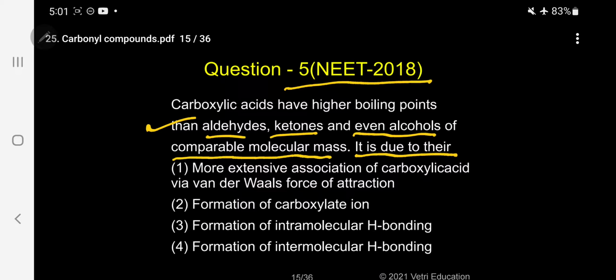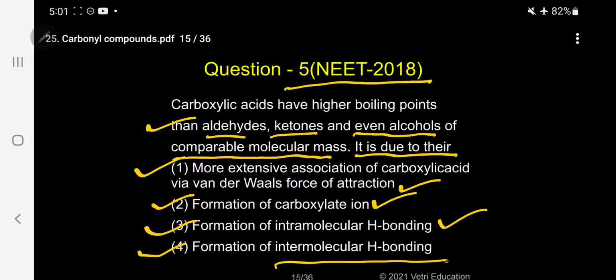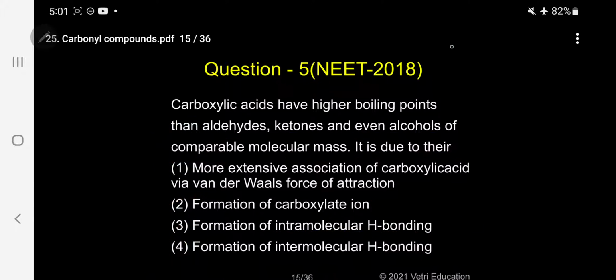It is due to their A, more extensive association of carboxylic acid via van der Waals force of attraction, B, formation of carboxylate ion, C, formation of intramolecular hydrogen bonding, D, formation of intermolecular hydrogen bonding. The probable answer may be 4. Let me explain, kindly follow.